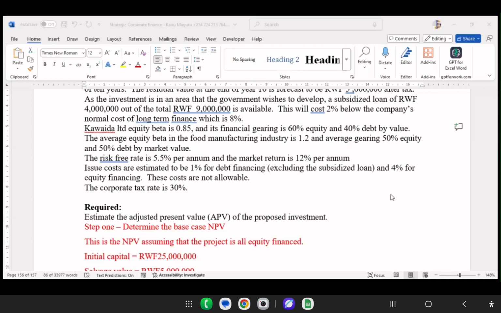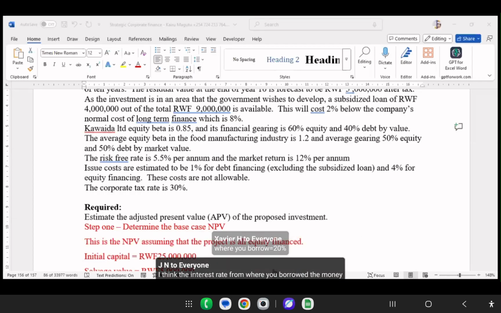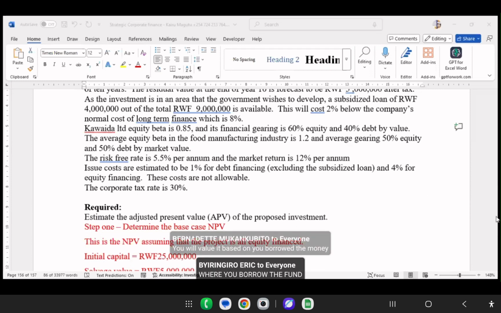You have a project in Kenya, but the interest rate for the banks in Kenya is 15%. Already you have borrowed, you want to invest. Which interest rate will you use? Is it the one from where you borrowed or from where you are going to invest?